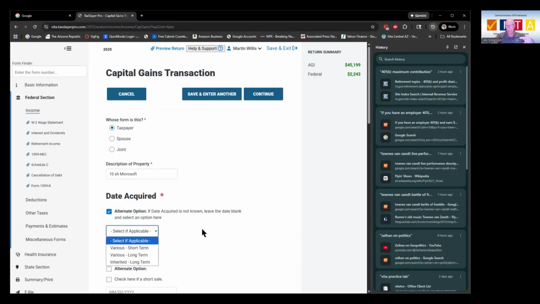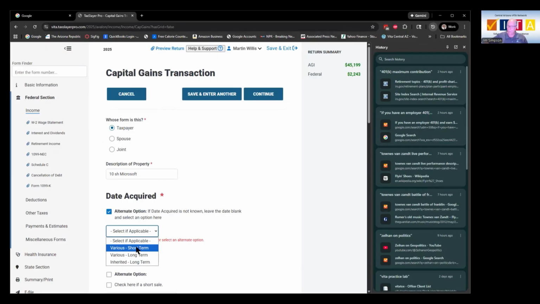And I said, well, you just really need to enter in the totals. So they had sold different lots of that stock at different dates during the year. So since I don't really know, if I don't have this box checked, I can only put in one date and it's required. But I could say alternate option, and then I could say various.